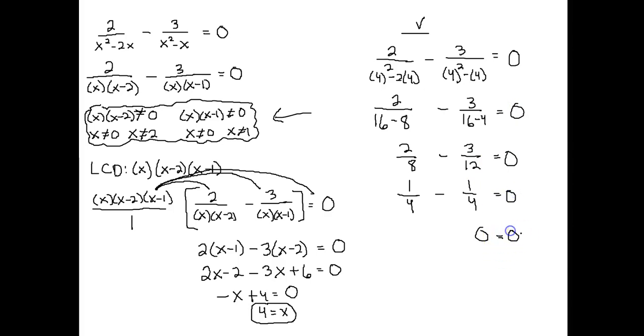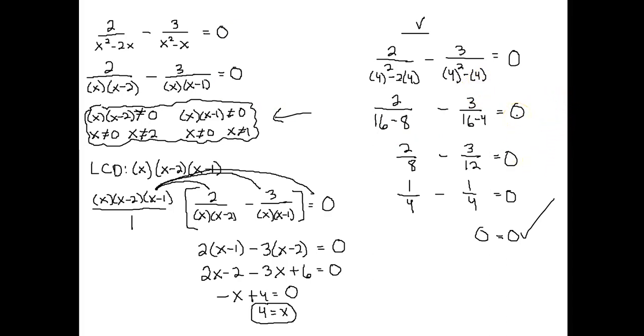So it checks out. 4 works. So the solution set contains 4. So 4 is that magic value of x that makes this original statement true. All right, so I had no extraneous solutions to toss out in that one. And that's basically how you're going to solve these rational equations.